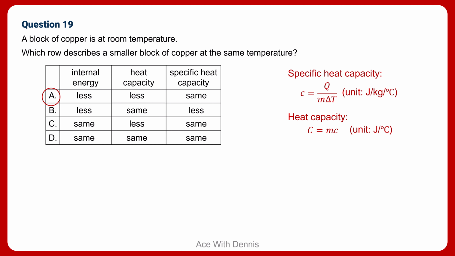For internal energy, as mentioned previously in question 17, there are kinetic energy and potential energy. So it will be affected by the mass of the block as well. When it has higher mass, the internal energy will be high. When the mass is small, the internal energy will be less. Therefore, the answer is A.